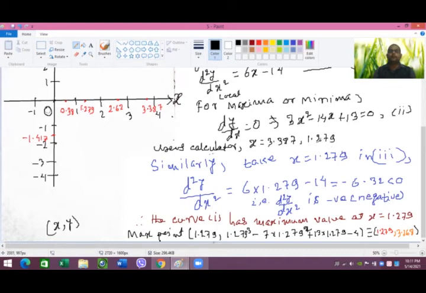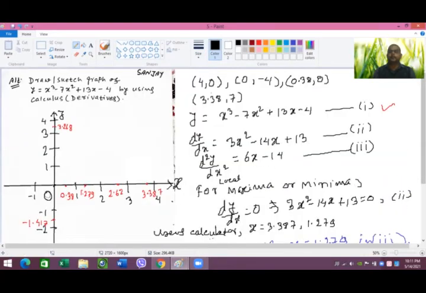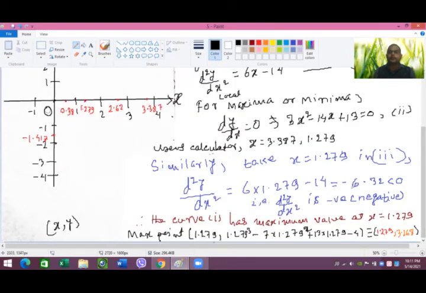When you put this value in the second order derivative here, that is 6x minus 14, we have seen that a negative second order derivative indicates that the curve has a maximum point at x equals 1.279.